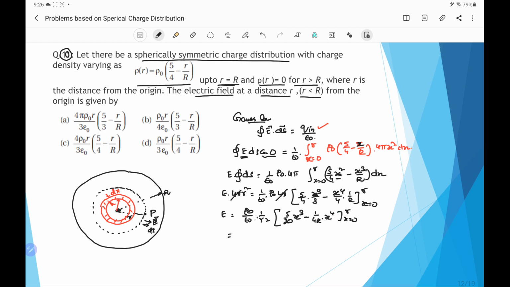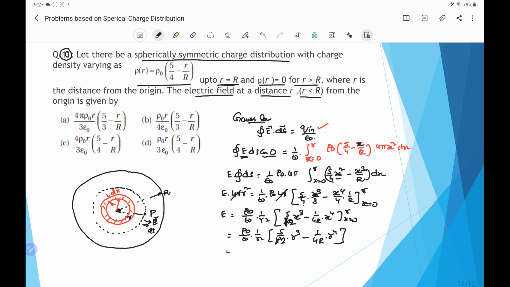Now substituting the limits, it will be rho 0 by epsilon naught times 1 by r square. For the upper limit, it will come 5 by 12, since 4 into 3 is 12, 5 by 12 into r cube minus 1 by 4R into r to the power 4, and for the lower limit, it is 0.